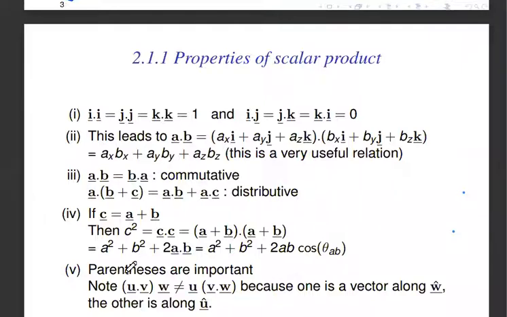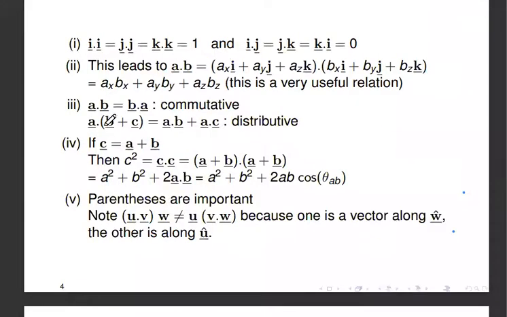That means brackets or parentheses are not important for the dot product here. This is distributive. But look at this one here. Let's consider three vectors.